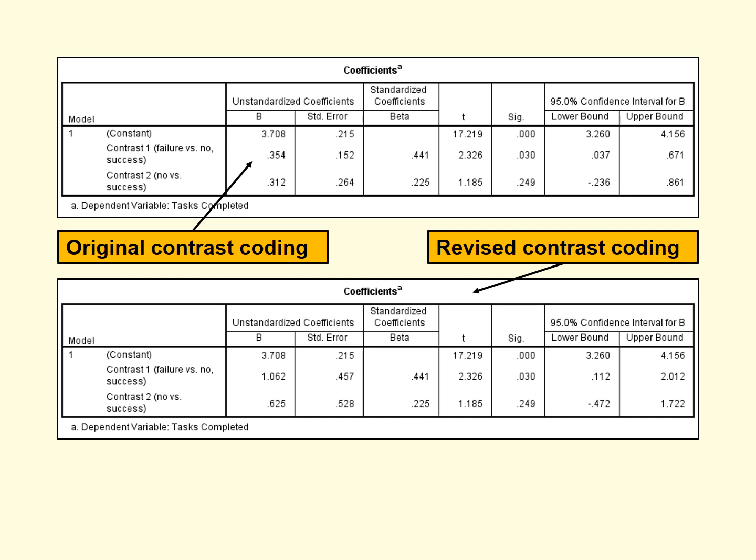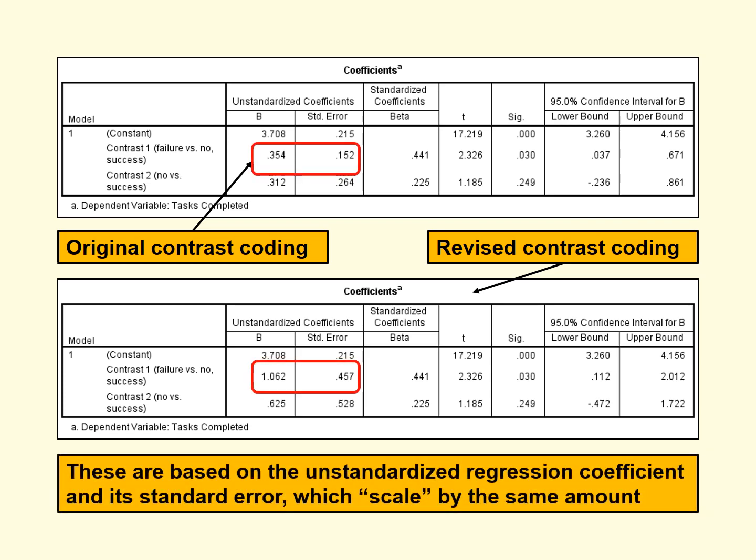And you might be wondering why that is. It might not be immediately obvious, but what's happening is both the unstandardized regression coefficient and its standard error are scaling by the same amount.